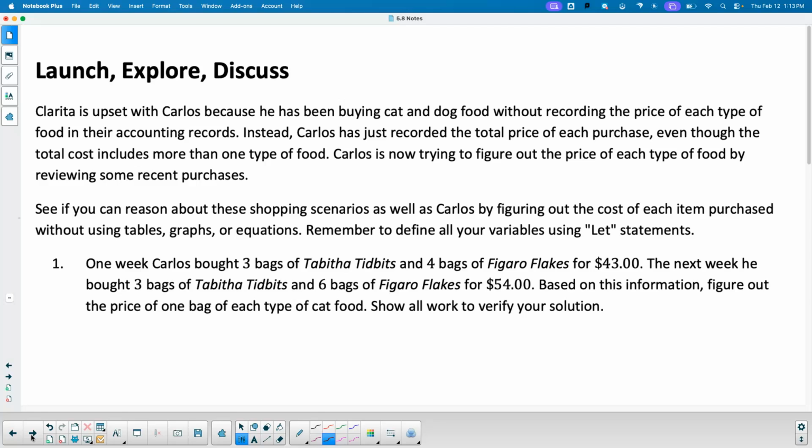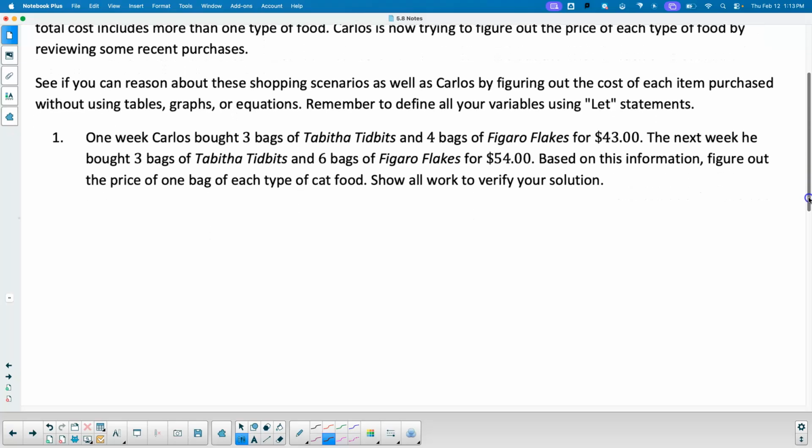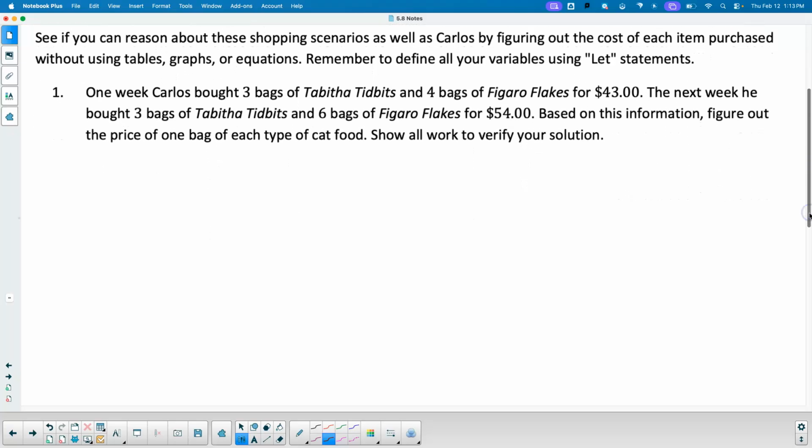Today, we're going to shift gears a little bit because now all these animals need to get fed. Or I shouldn't say they have money. They're going to need food. Okay? All right? So in problem number 1 here, 1 week, Carlos bought 3 bags of Tabitha Tidbits and 4 bags of Figaro Flakes for $43.